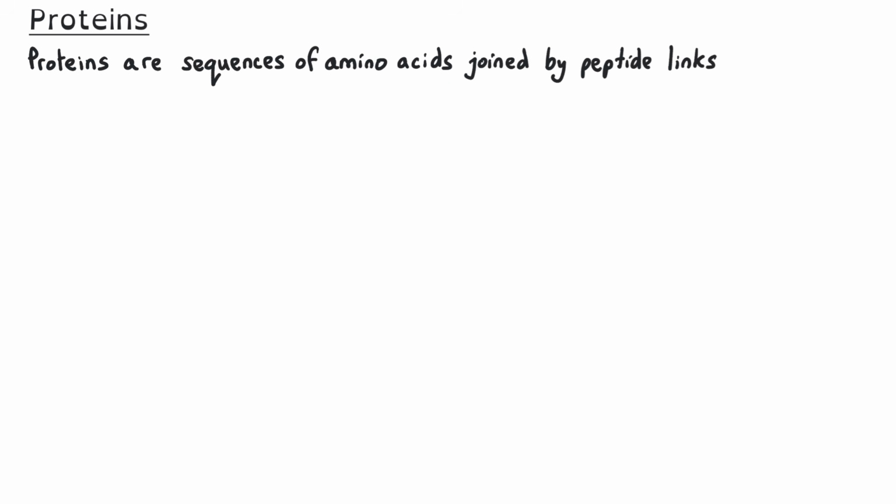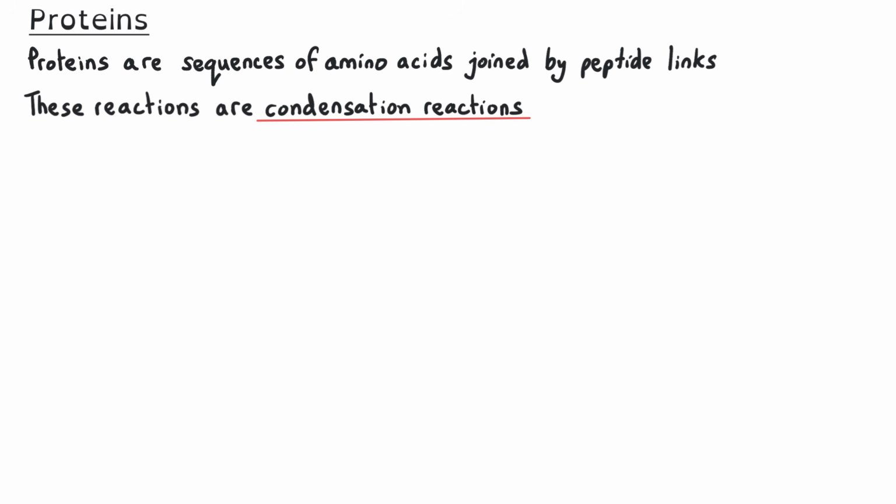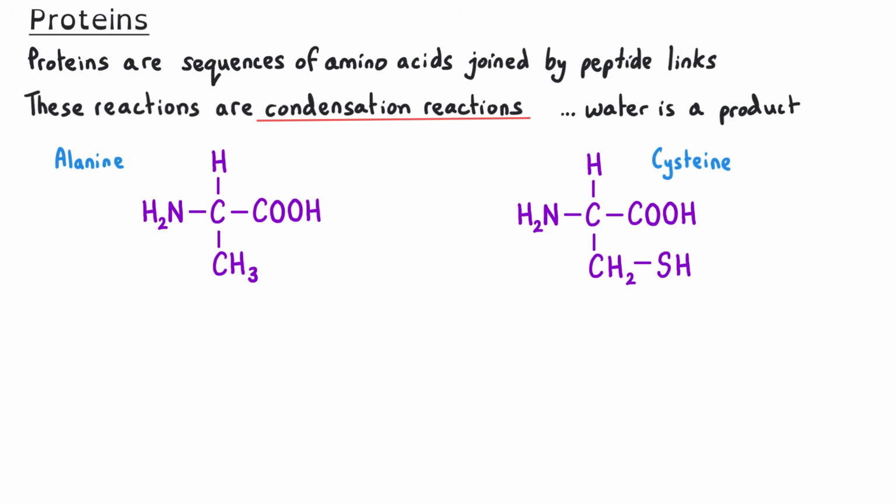Proteins form when amino acids join together in a sequence to form peptide links. These reactions are called condensation reactions, since water is a product as well as the protein. During this reaction, a new bond forms between the carbon atom of the carboxylic acid group of one of the amino acids and the nitrogen atom of an adjacent amino acid.